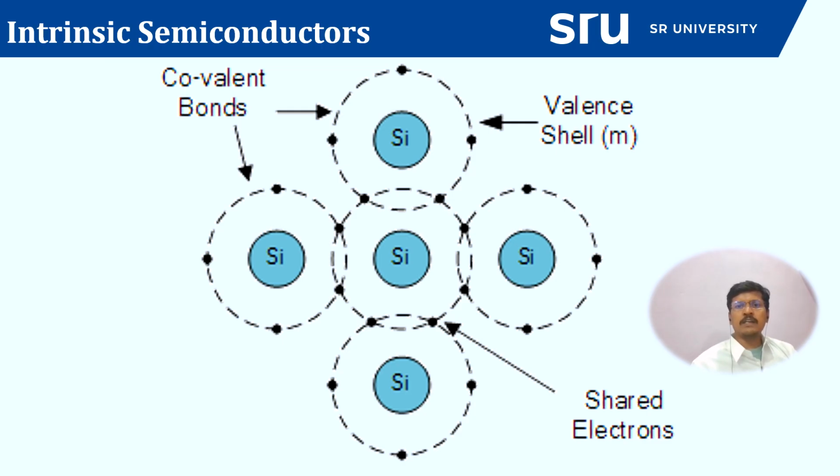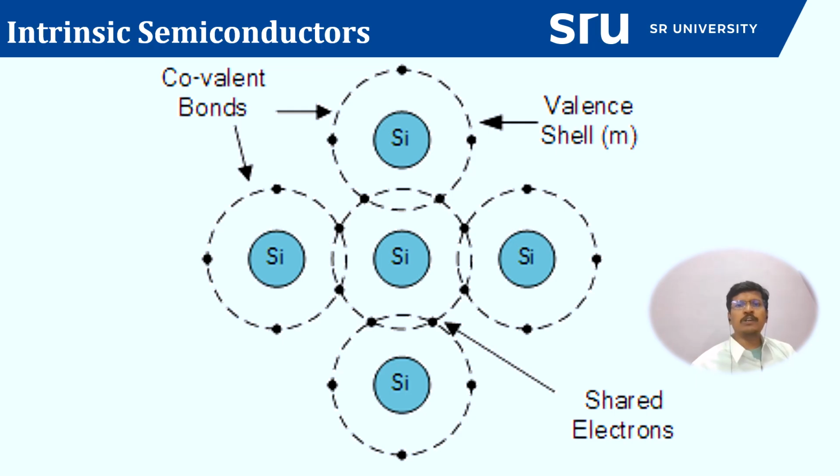An intrinsic semiconductor is a perfectly pure semiconductor without any added impurities. The most common intrinsic semiconductors are pure silicon and pure germanium. In silicon, every atom shares its 4 valence electrons with neighboring atoms through covalent bonding.